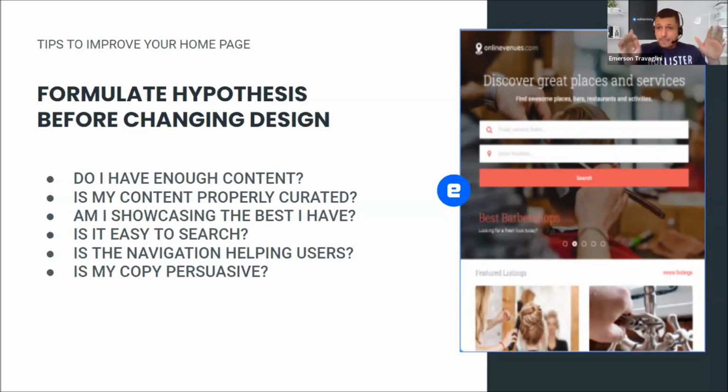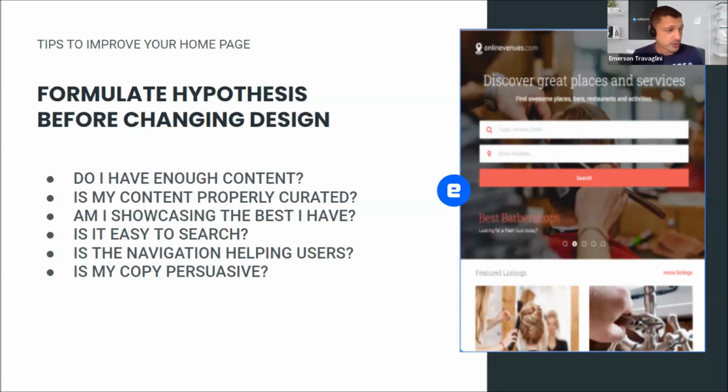If people are scrolling your page, or if they're not scrolling your page, formulate a hypothesis for that. Is my content good enough? Is the content properly curated? Are you showcasing the best you have? Is it easy to search things on your website? Is the navigation menu helping people to explore your website?